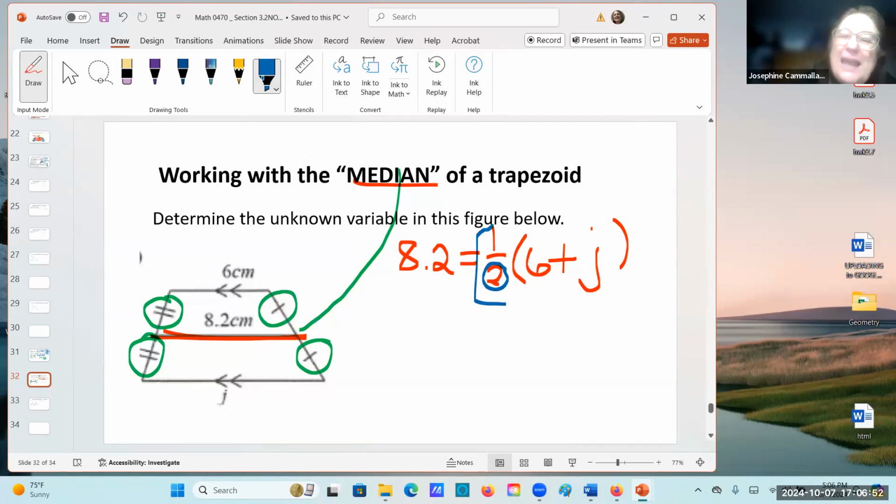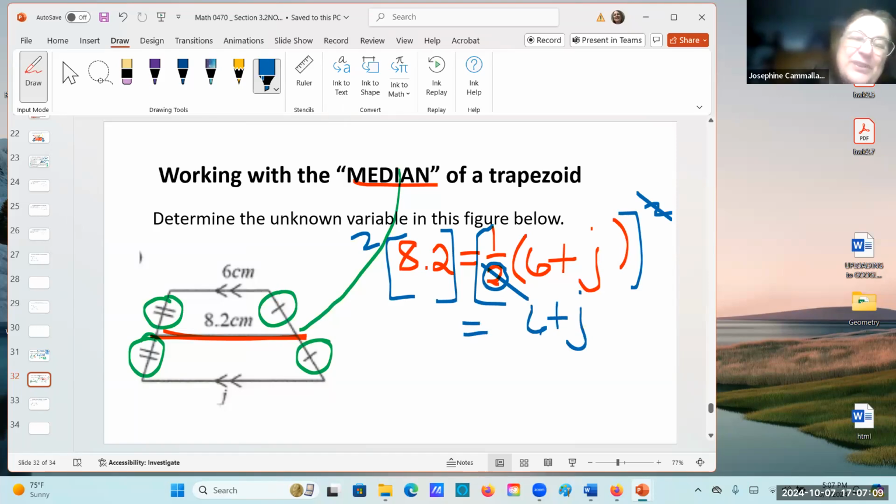If I multiply this side by 2 and this side by 2, I'm going to get rid of the fraction. 6 plus j is equal to 17.4.